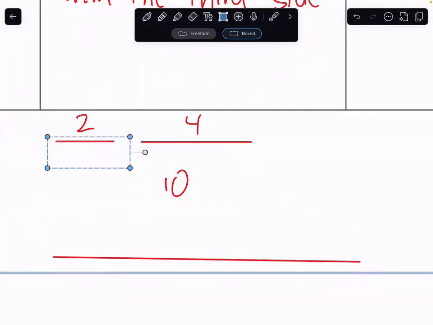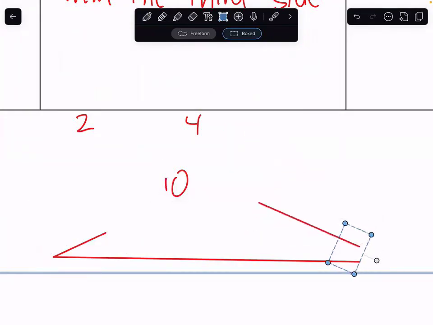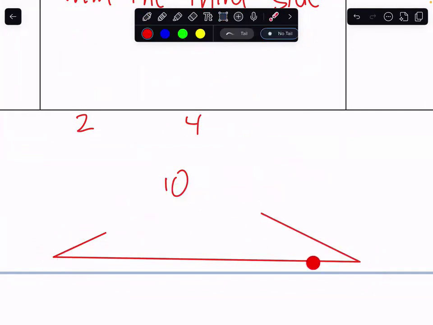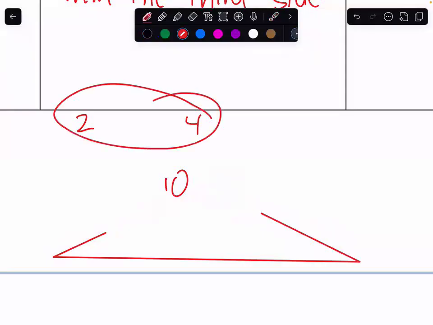We know with a triangle, the sides need to connect, right? So if I put the 2 here and the 4 here, it's not even close to forming a triangle, right? Because the bottom side is so long that the 2 shorter sides don't have enough distance to meet. That's why when you add these two together, it has to be more than the long side. Otherwise, like in this diagram, the 2 shorter sides will never connect.